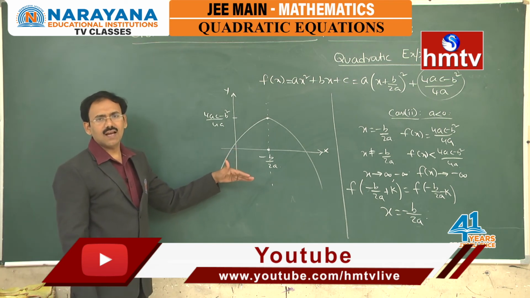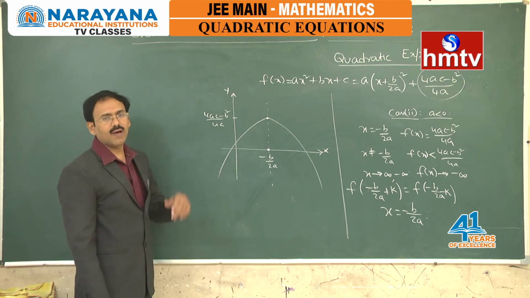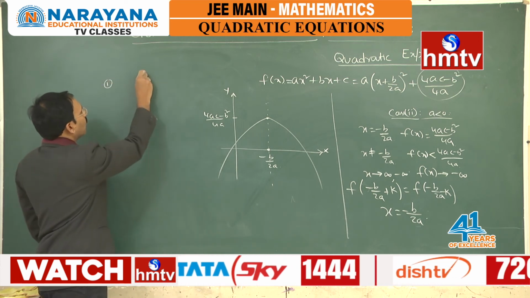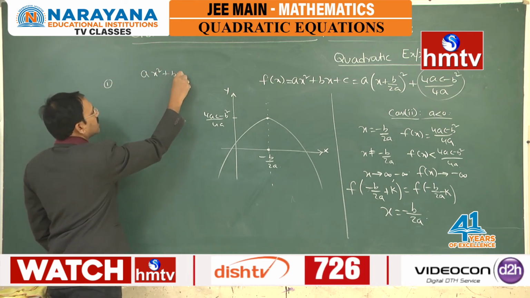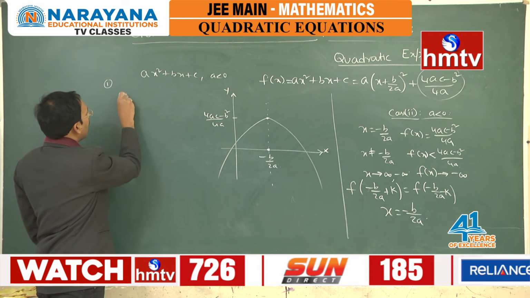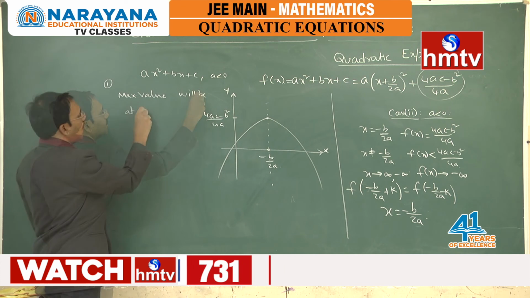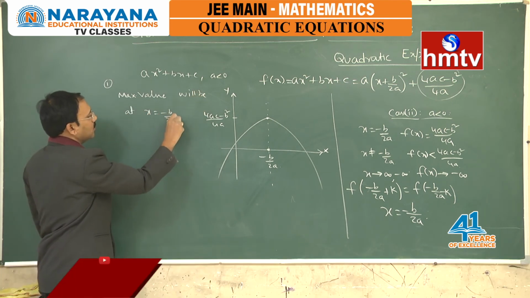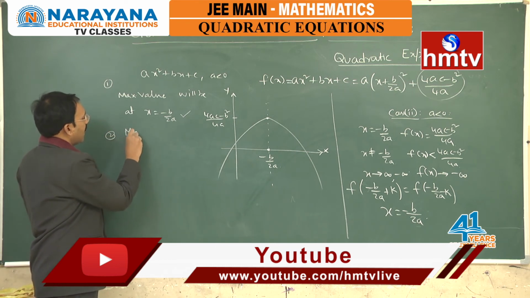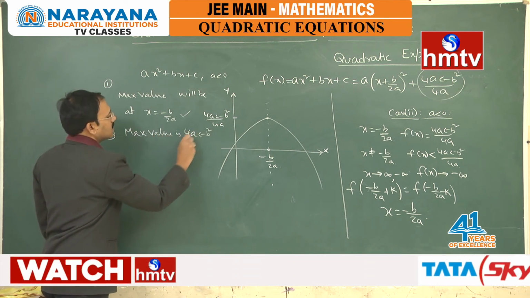So, we can say that the graph is going to be a parabola and it is a down parabola. So, the observations will be like this. For the quadratic expression ax square plus bx plus c, when a is negative, the maximum value will be at x is equal to minus b by 2a, that is point number 1. Number 2, the maximum value is 4ac minus b square by 4a.